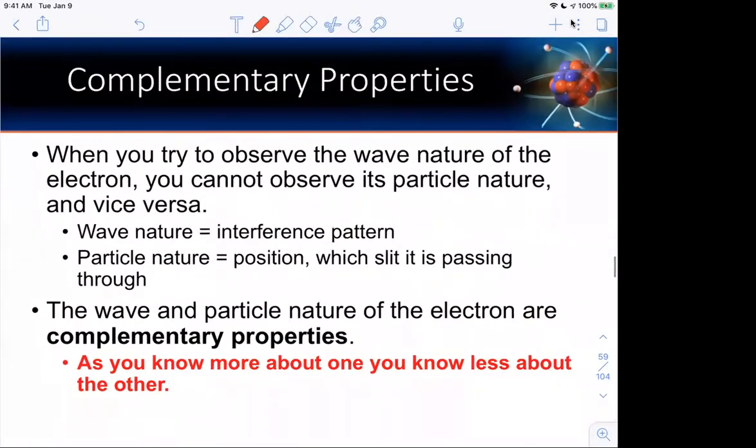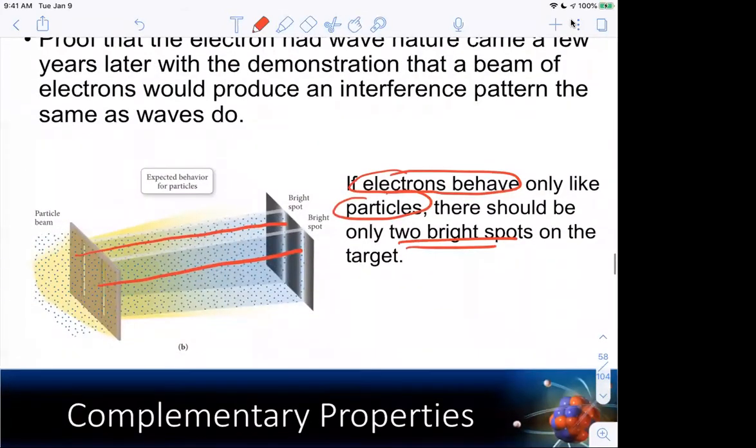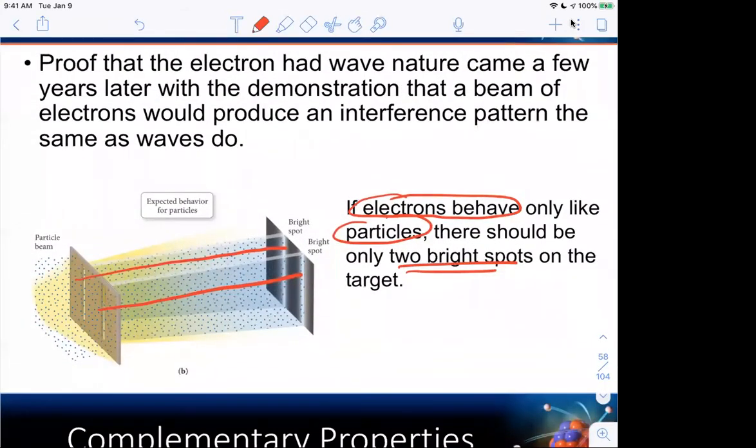So the issue is when you try to observe the wave nature of the electron, you cannot observe its particle nature and vice versa. Because if you actually do this experiment and you set it up to observe the particle nature, you only get those two bright spots.